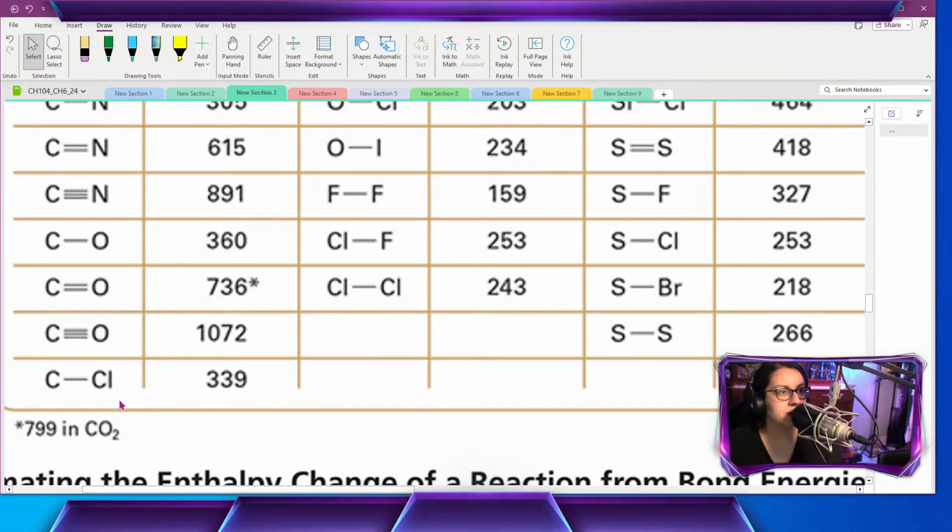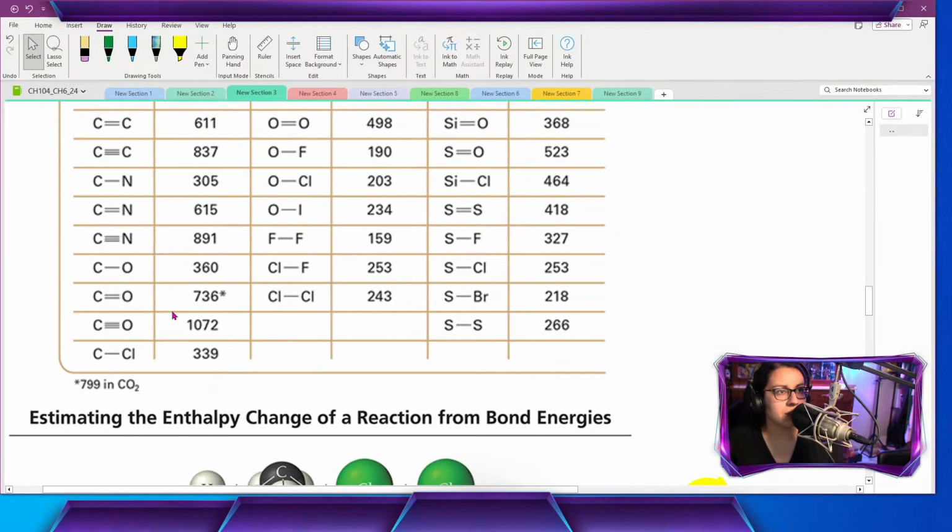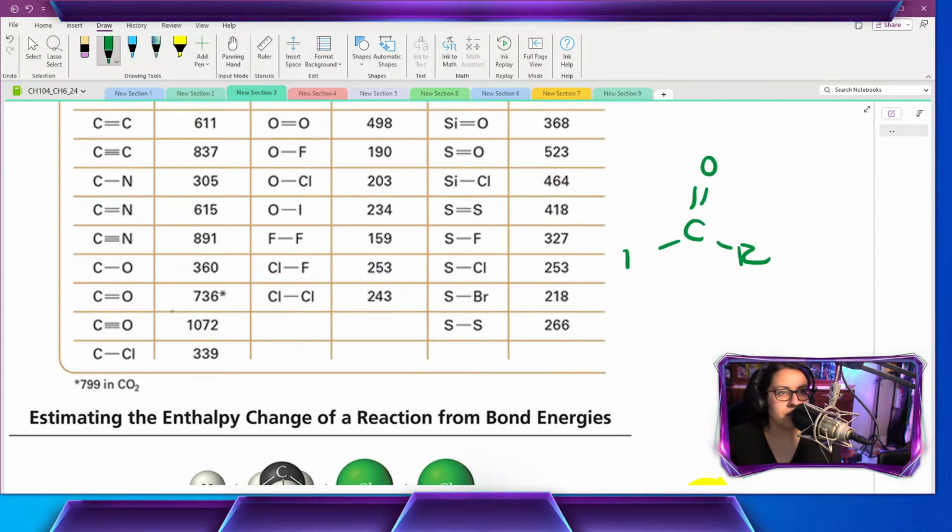And so that's just telling us that this CO bond is for a different type. So when it's more like in an organic compound, like formate. But if we just have CO2, that's stronger. And so we should use this value instead. So that's the one special case.